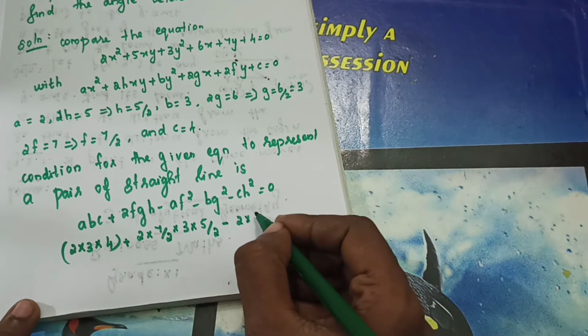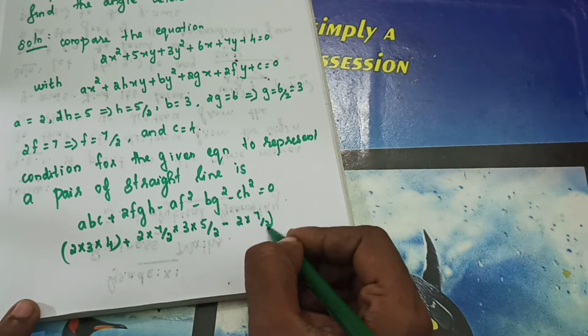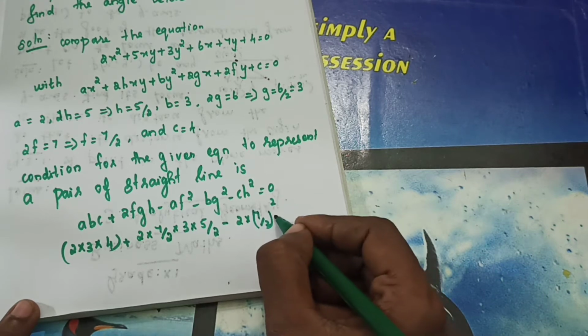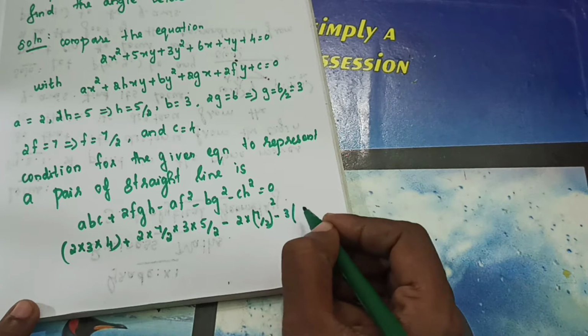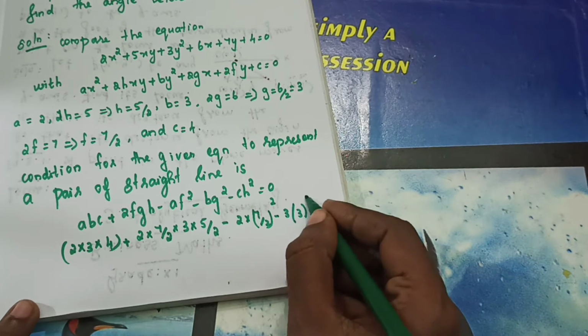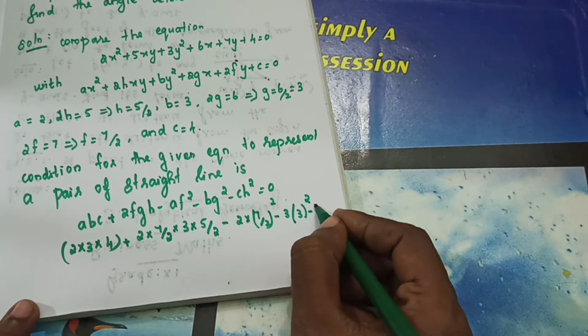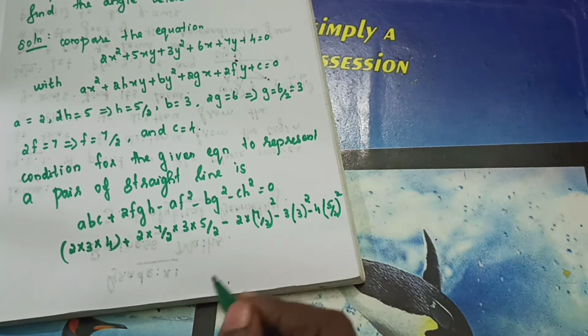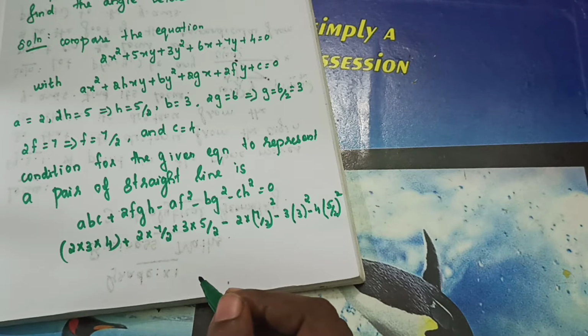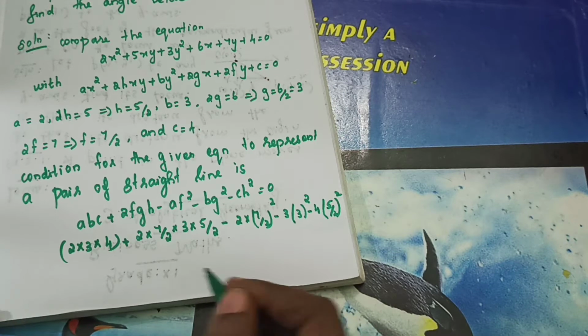So f square means 7 by 2 the whole square, minus b value 3, g square. So g square means 3 square, minus c value 4, h square means 5 by 2 the whole square. When you are simplifying, if we get the answer as 0, we will say this is the condition for the given equation to represent a pair of straight lines.